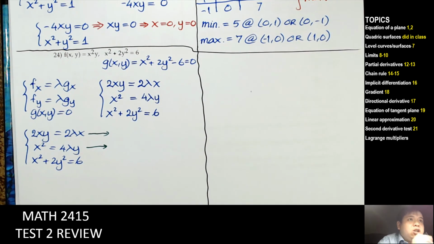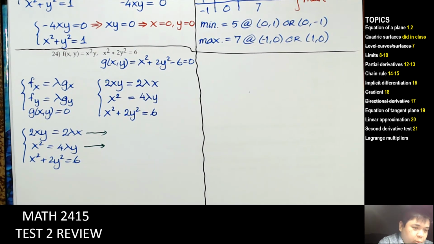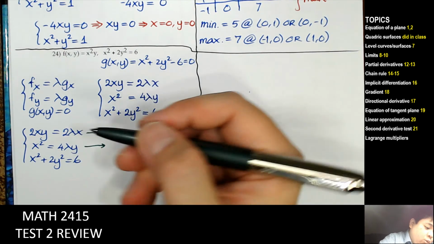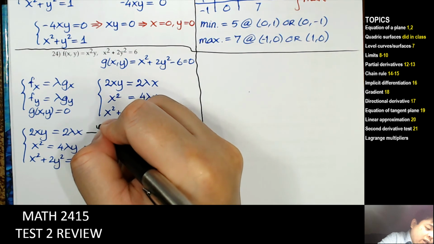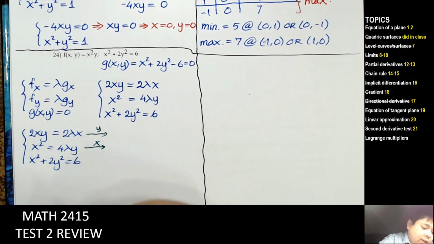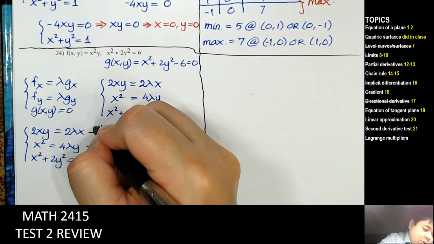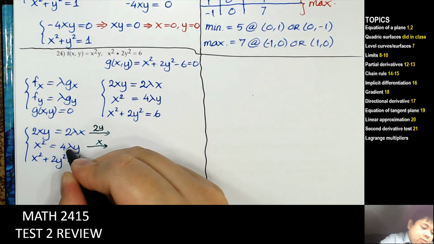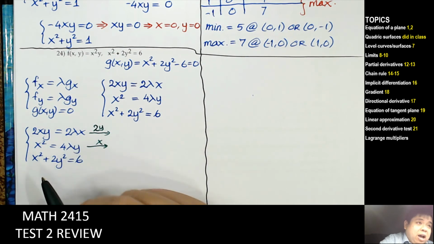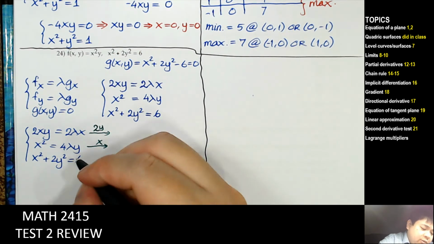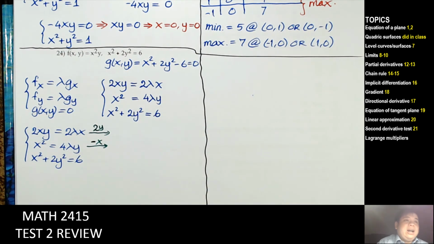Right, so we need something common to eliminate. One positive, one negative. Lambda x, lambda y, so why don't we multiply a y here and an x here. And then we need to take care of the numbers as well. So if I multiply by 2y, I will have 4 lambda xy, which is the same as here. Let one of them be negative. Right, how about that?